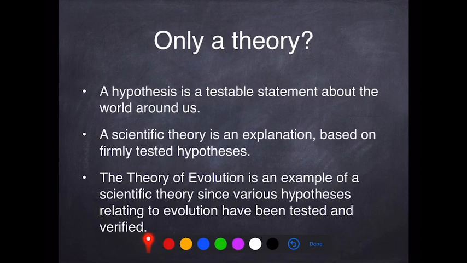So it is not only a theory, in inverted commas, it is an actual theory. It is accepted as evidence. Evidence has been accepted along to kind of confirm various hypotheses, and evolution is no longer doubted by anybody who is a decent scientist.